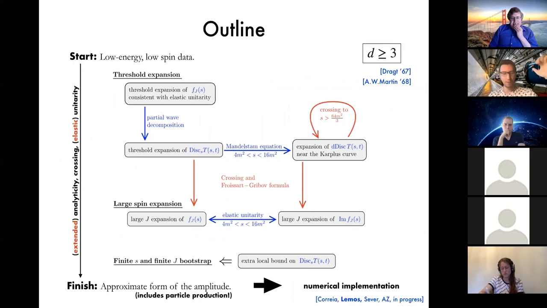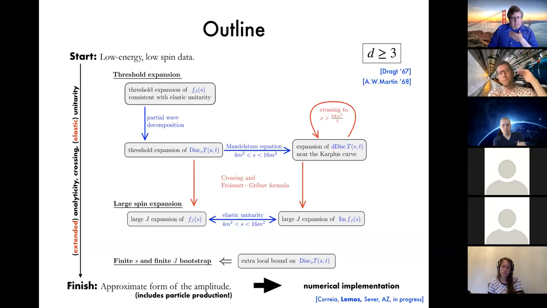It's a bit complicated, so let me just zoom out first and explain what I will be doing. First I will be sitting in d larger than or equal to 3. The idea is that we will use the basic principles of analyticity, crossing, and unitarity. I will explain a little bit more. We will use extended analyticity and elastic unitarity, essentially the upper part of the slide.